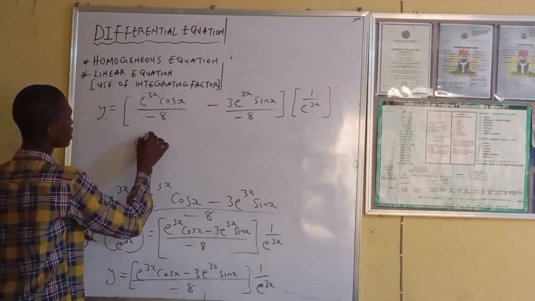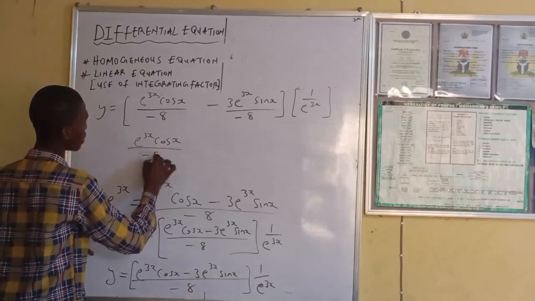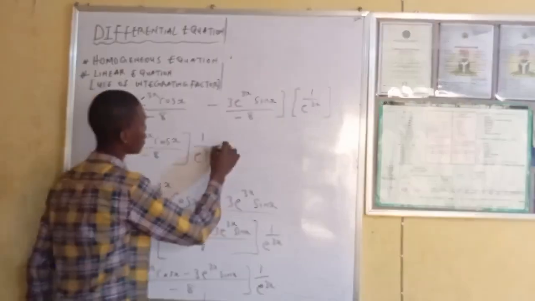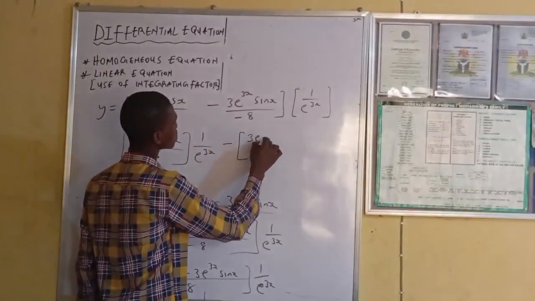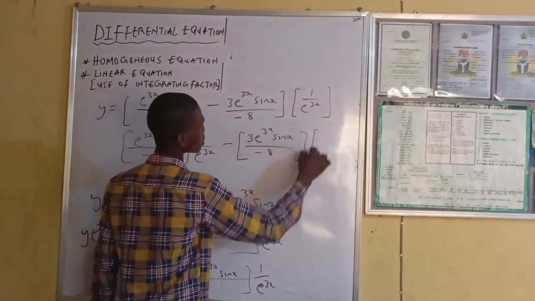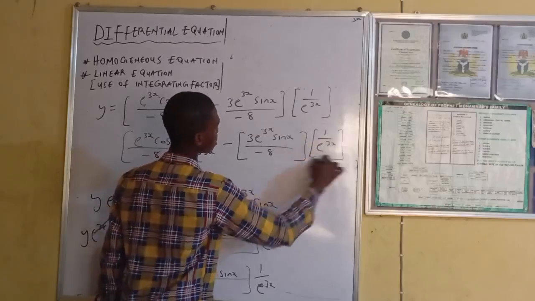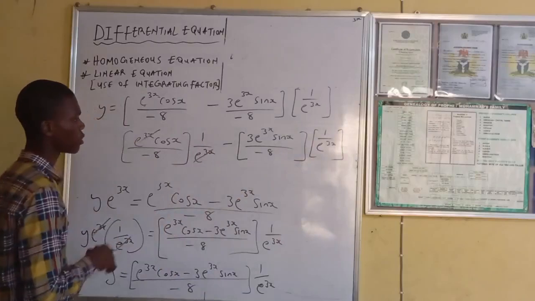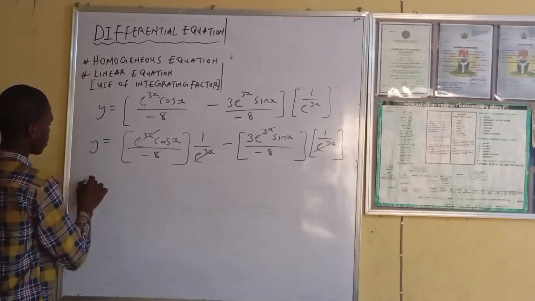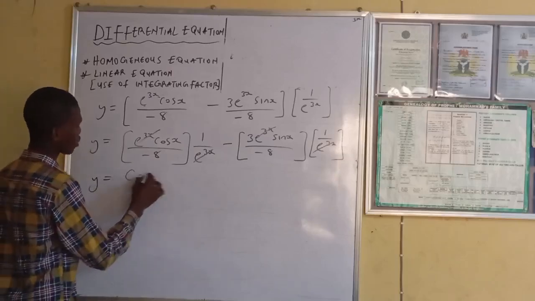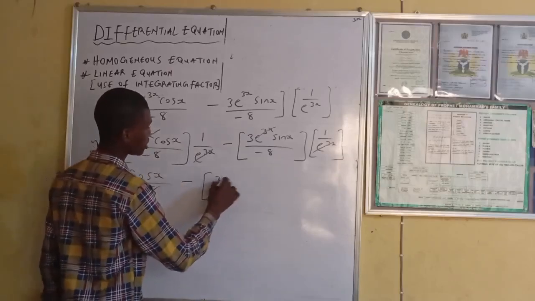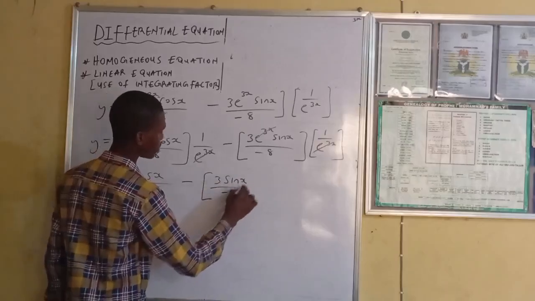It means exponential 3x cos x divided by minus 8 times 1 over exponential 3x, right? Minus open bracket 3 exponential 3x sine x divided by minus 8 open bracket 1 over exponential 3x. Then this cancels this, right? This cancels this. That's y is equal to cos x divided by minus 8 minus open bracket 3 sine x divided by minus 8.